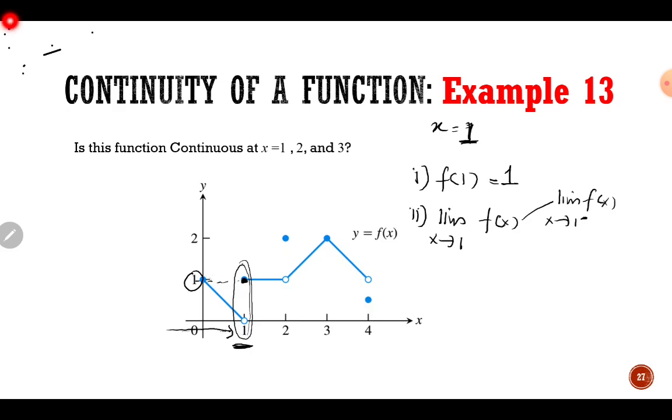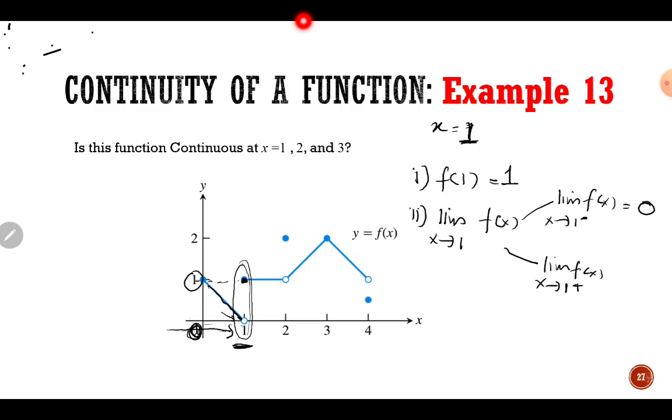Okay, which curve should we regard? Yang mana patut kita tengok kat sini is this curve lah. Ini yang membawa x dari belah kiri. So as x approaching 1 from the left, as you can see, is approaching 0. Betul? Okay, dia approaching 0. So here we are, we have 0 over here. And then we need to consider also limit f(x) as x approaching 1 from the right.